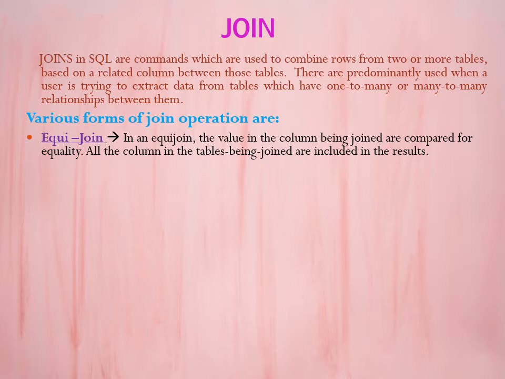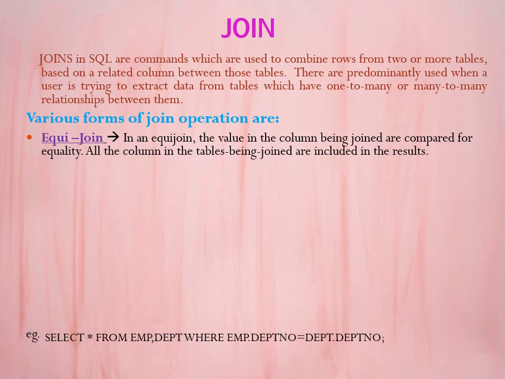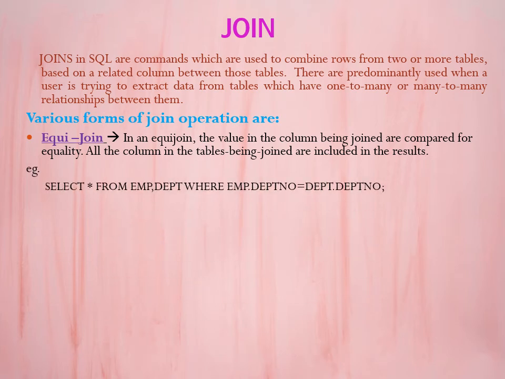In an equijoin, the values in the columns being joined are compared for equality. All the columns in the tables being joined are included in the result. This is the command: select asterisk from table name, comma, second table name, where employee.department number equal to department.department number.